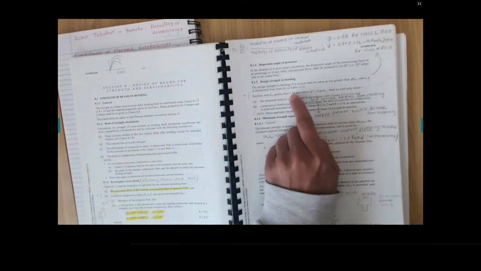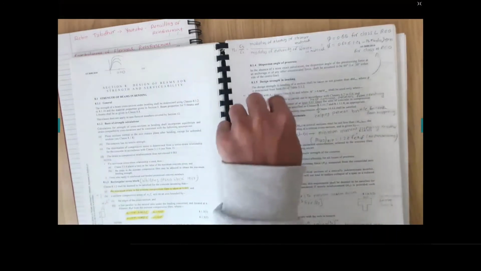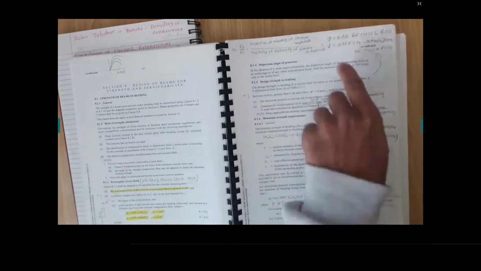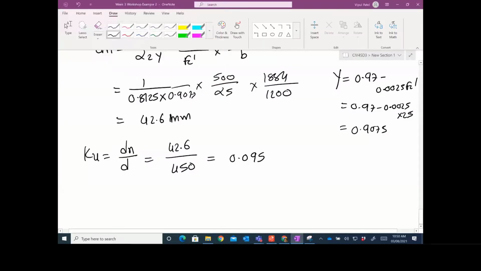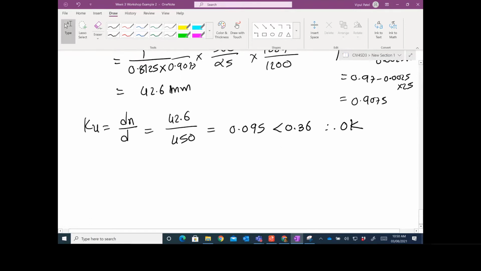That is the magic number. If you are greater than 0.36, that's another requirement. So to satisfy this requirement, you want to have the KU value less than 0.36. If you have greater than 0.36, the standard will not like it. So it's less than 0.36, therefore it is okay. The standard will give you a penalty if your KU value is greater than 0.36.